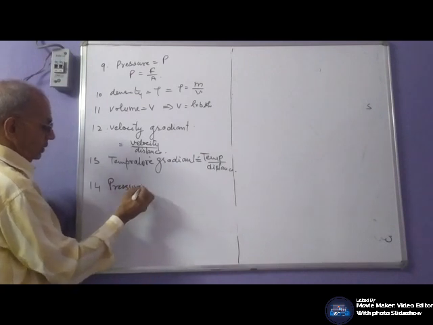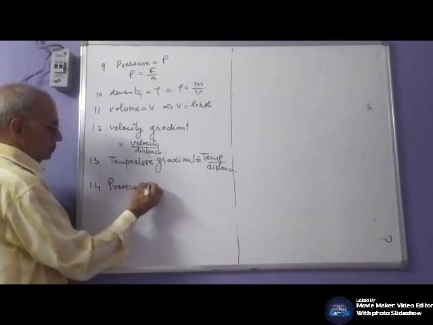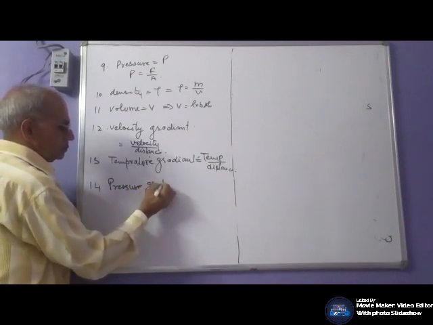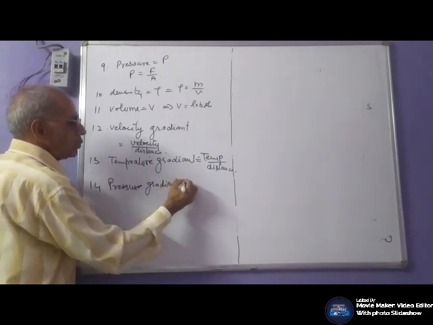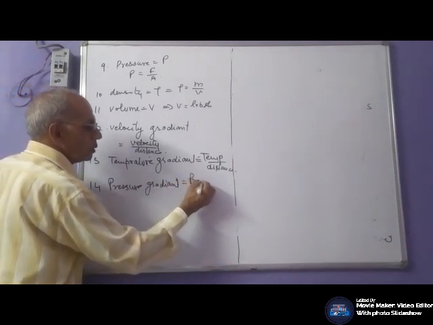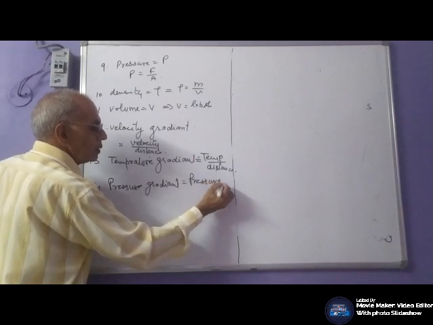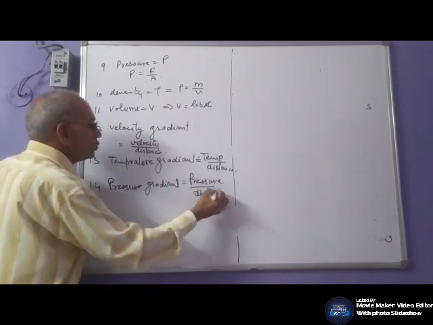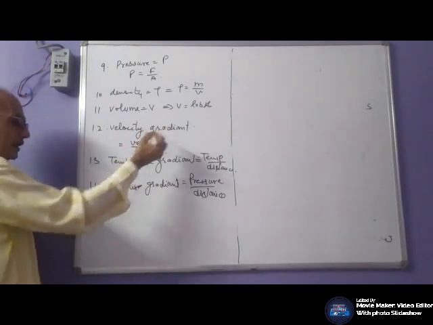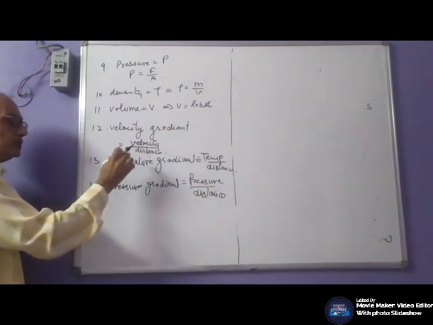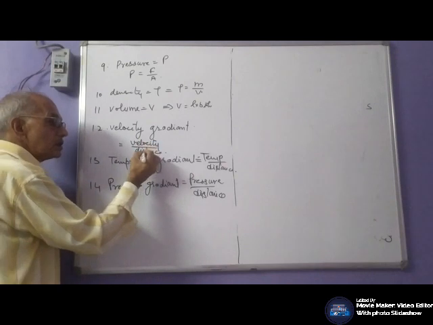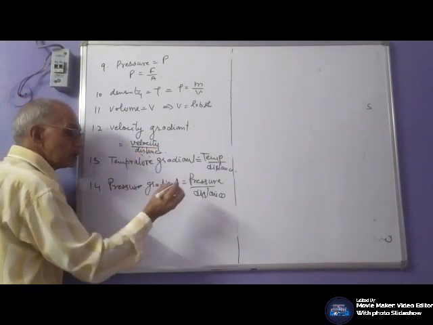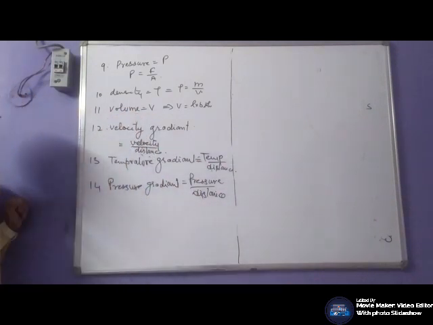Pressure gradient: it is pressure upon distance. So where there is the word gradient, this means this upon distance.